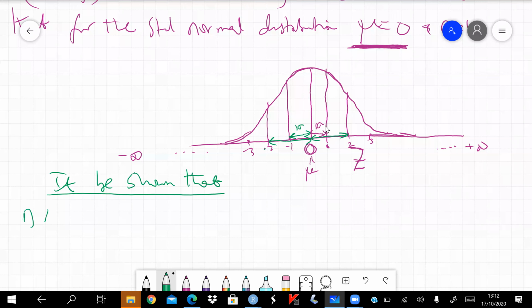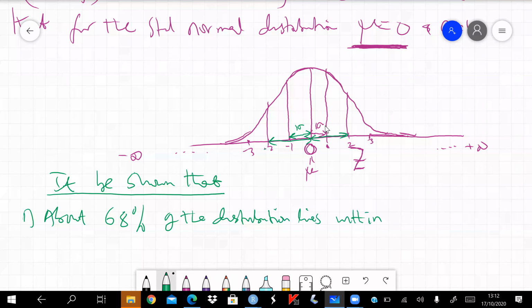number one, about 68% of the distribution lies within one standard deviation of the mean.